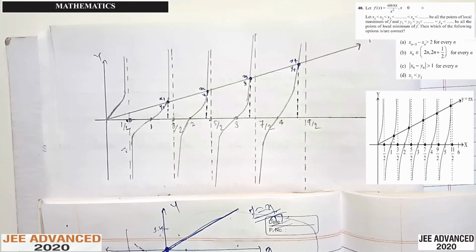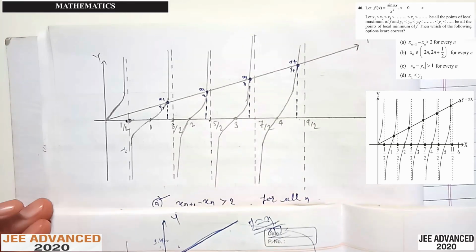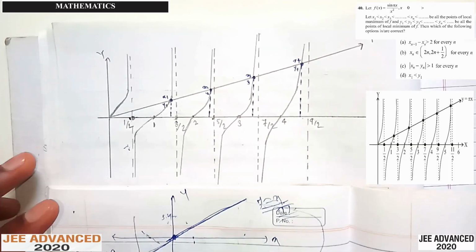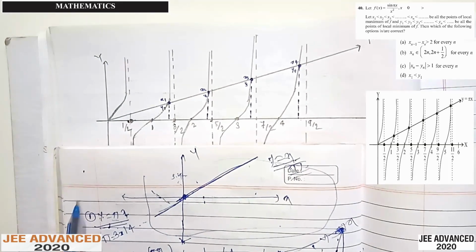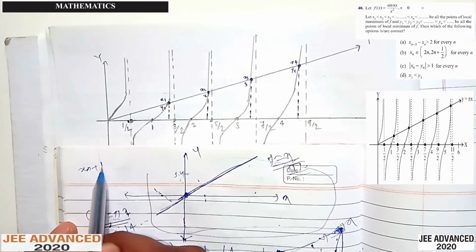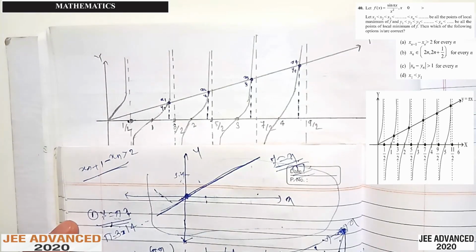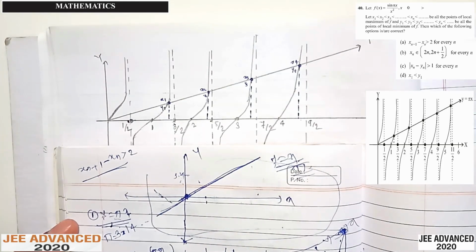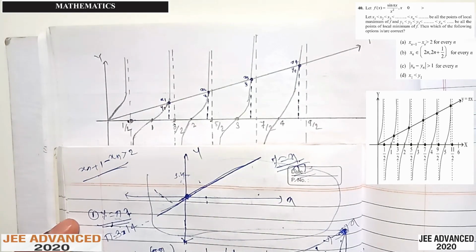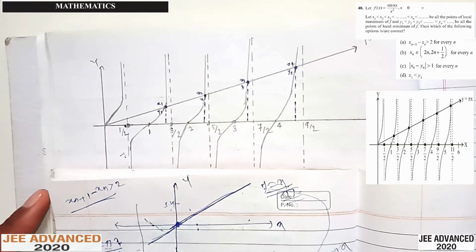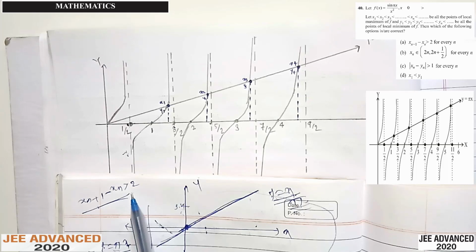Our first option says whether x(n+1) minus x(n) is bigger than 2. We have to find out whether x(n+1) minus x(n) is bigger than 2 or not.